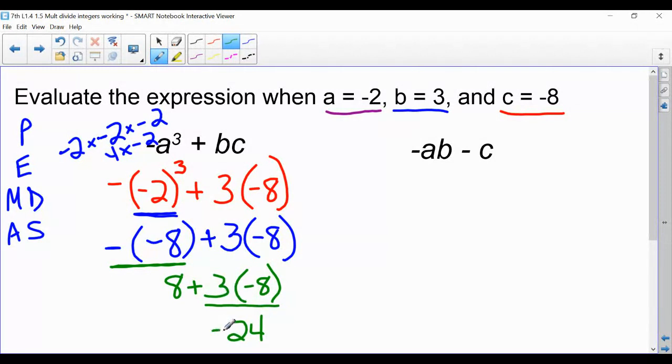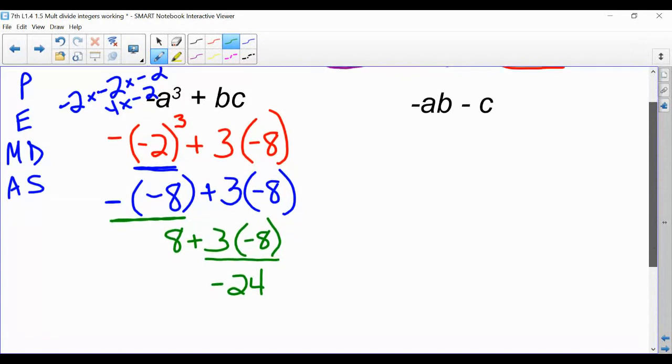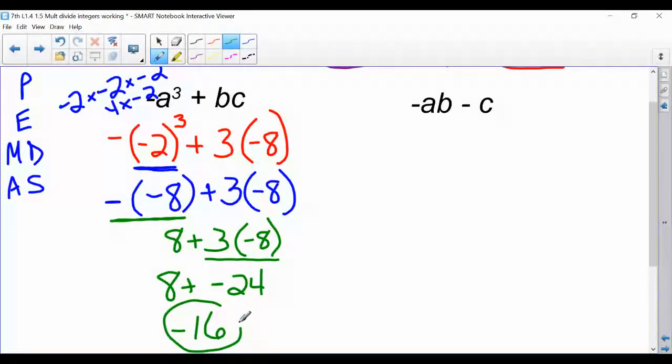Positive times a negative is negative. So we now have 8 plus -24. Different signs, find the difference. So 24 minus 8 is 16. Answer gets the sign of the larger value, so our answer is -16.